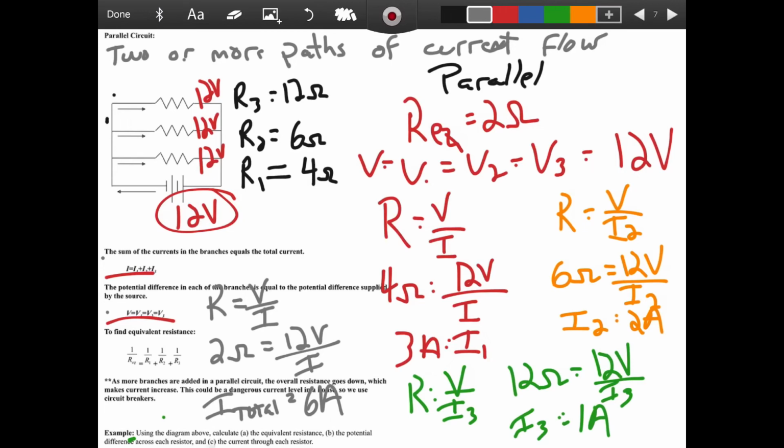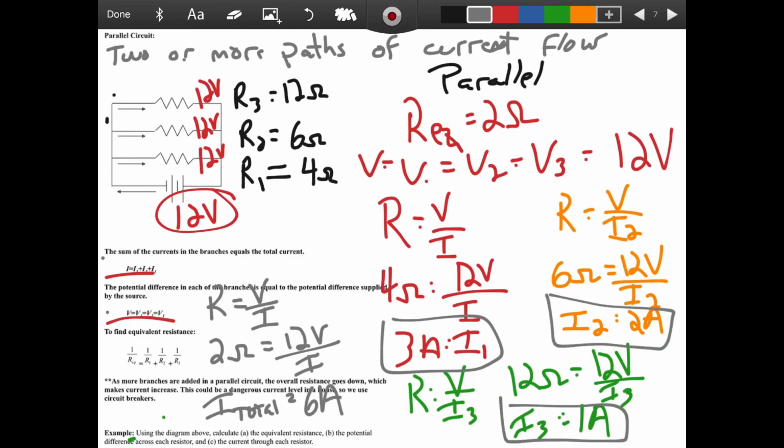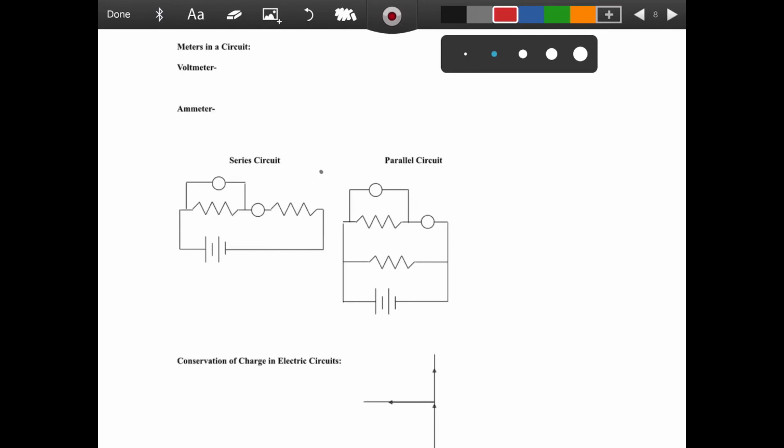Now if I go back to what I did previously, we found 3 amps through I1, 2 amps through I2, and 1 amp through I3. And if we add those together, we get a total of 6 amps. So we know that we did our math correctly and both of those match, and we are good to go. We'll finish up page 10 in our Cornell notes, and we'll get ready to start practicing some example problems.